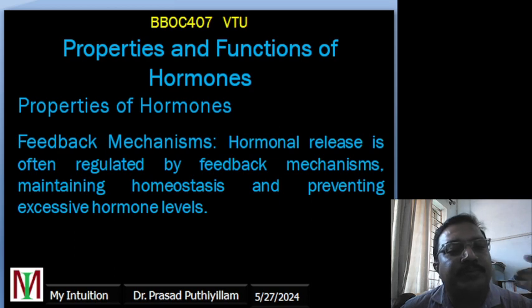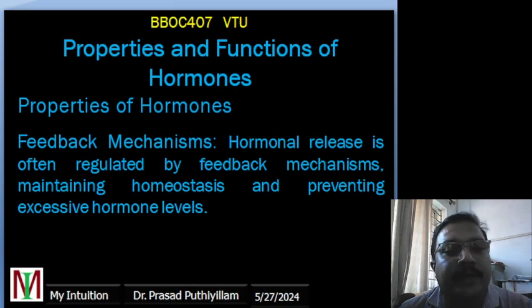So feedback loops work as a sensor, and it will do the required function. The negative feedback, which I said, is the most common type. It works like a self-regulating system, ensuring the hormone levels don't get too high or too low.